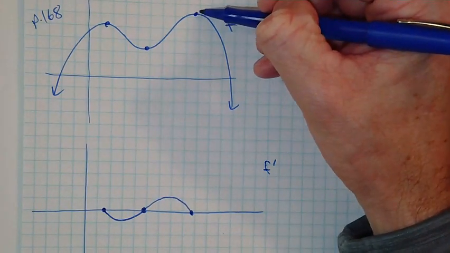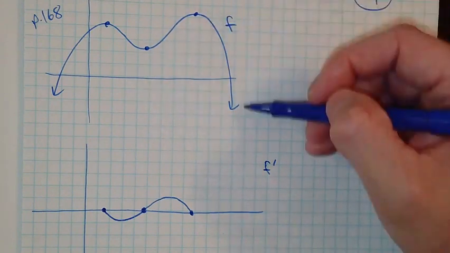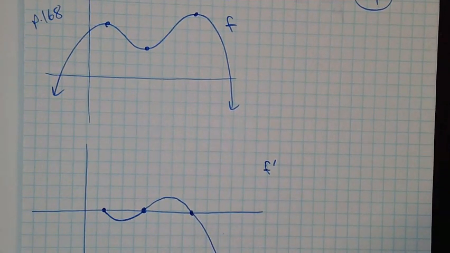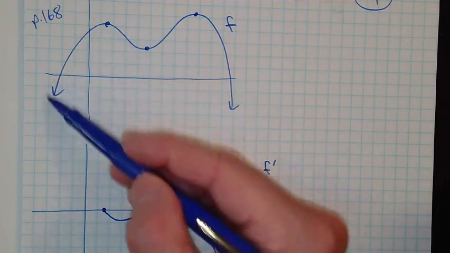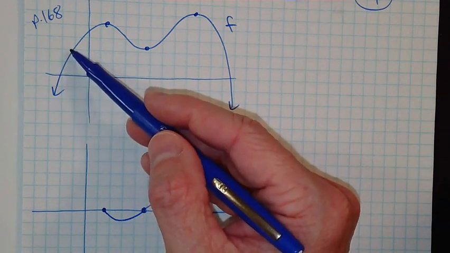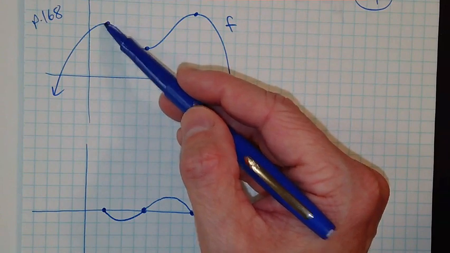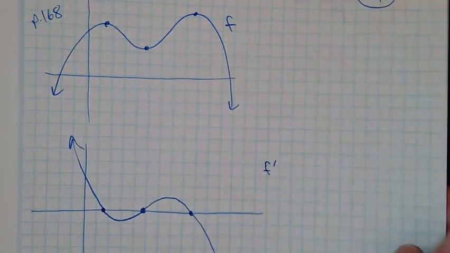Past the 0, negative slope of a tangent line, getting larger and larger. So maybe doing something about like that, going off the bottom of my screen. And then on the left side, large positive value, still positive but smaller, smaller, smaller, getting smaller but still positive. And so probably something that looks about like that.